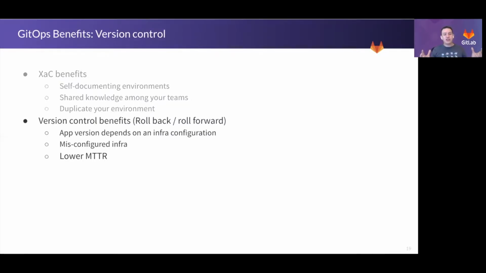You get these version control benefits, the ability to roll back and roll forward. Sometimes the app version depends on the infrastructure configuration and vice versa. Let's say, for example, you have a certain memory leak in the application. It takes a lot of RAM and a lot of compute power, and the developers go and fix that.